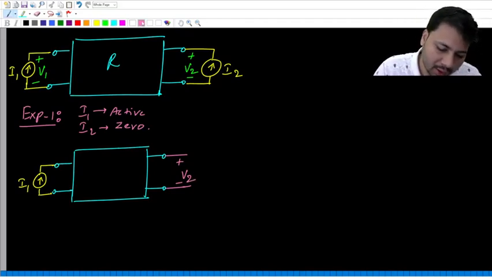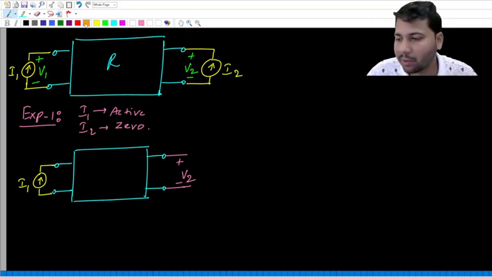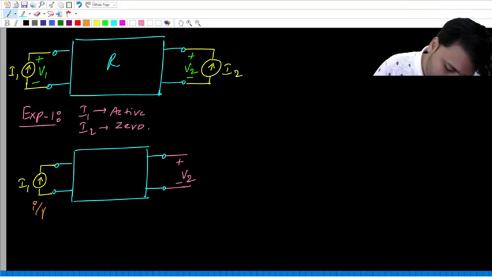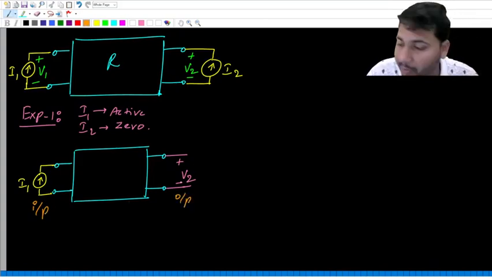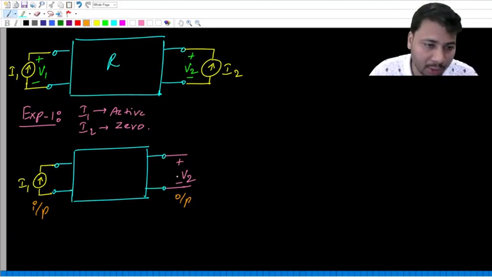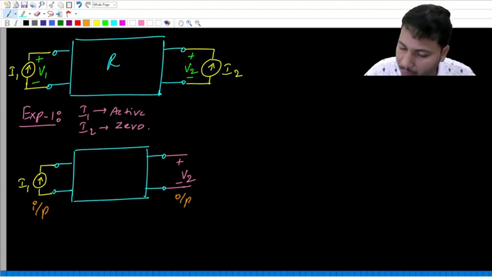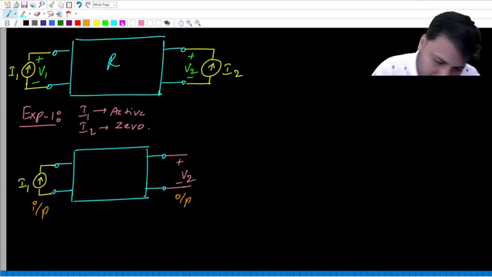I always tell you, in each experiment only one independent source will be active and that independent source will act as the input. So this time this will be the input. On the other side we can measure this open circuit voltage V2, which will become the output.